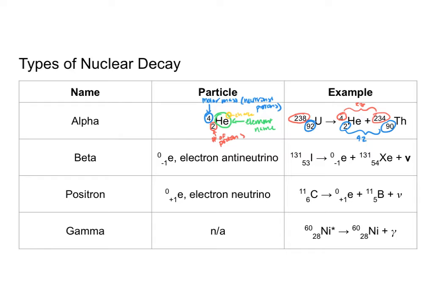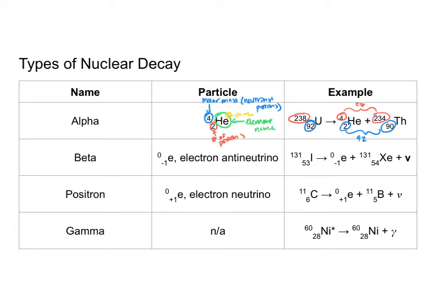It's almost exactly the same, but instead of an electron getting removed from our atom, we are releasing a positron, so something with a +1 charge and a very small mass. Along with that positron, we're going to lose an electron neutrino, and you can see here when carbon decays into boron, it will release a positron and that electron neutrino.